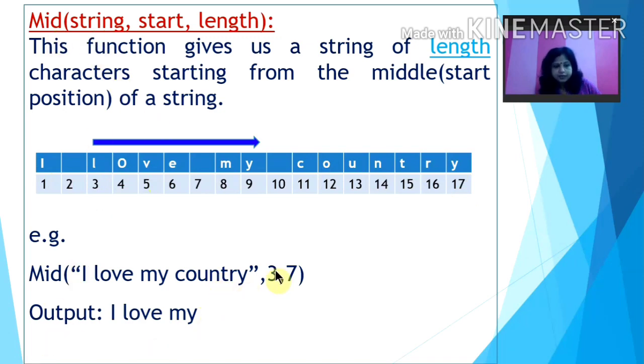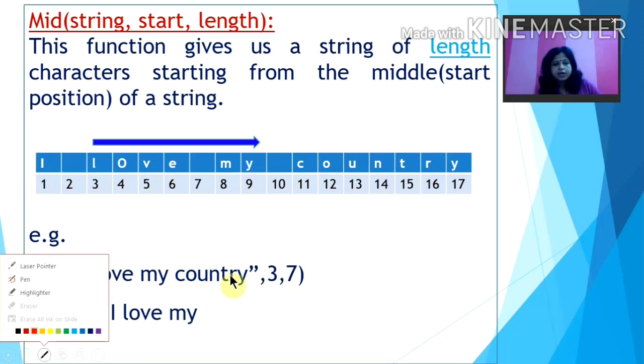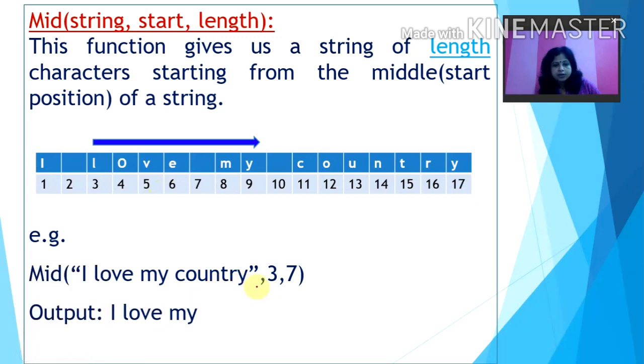Then 3 and 7. So 3 means the third position; it will start from the third position. So what is at the third position? It is "I" here, you see. Then it will count 7 characters starting from "I": 1, 2, 3, 4, 5, 6, 7, up to this.